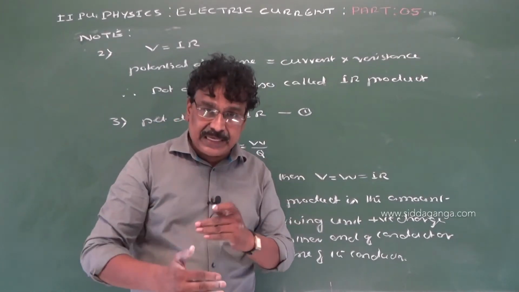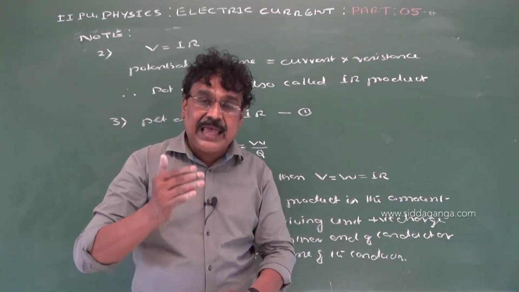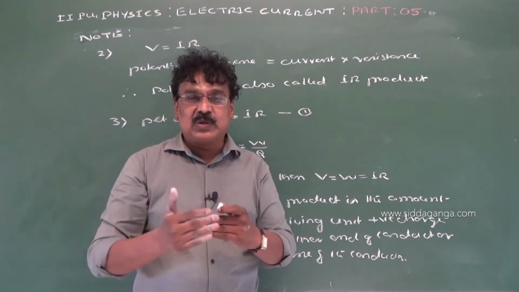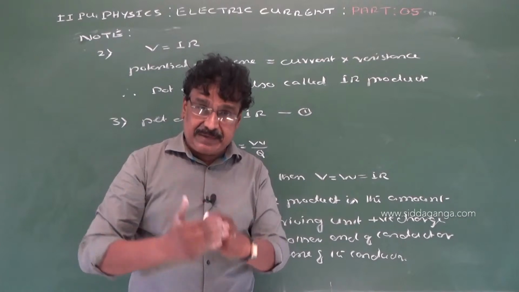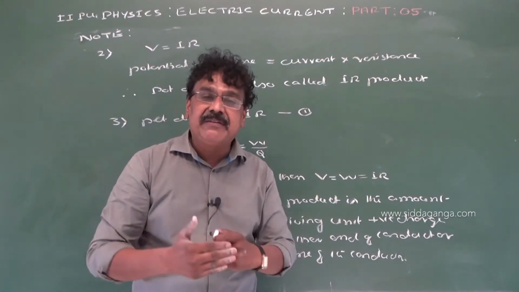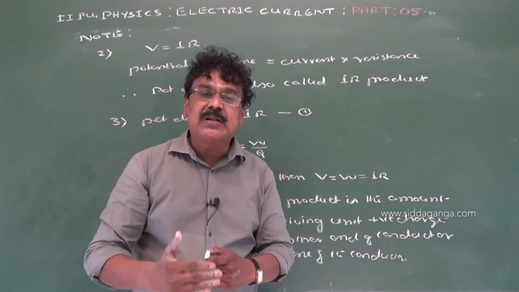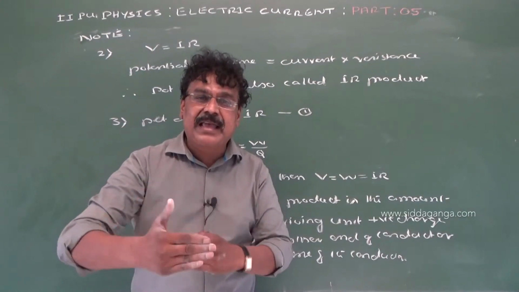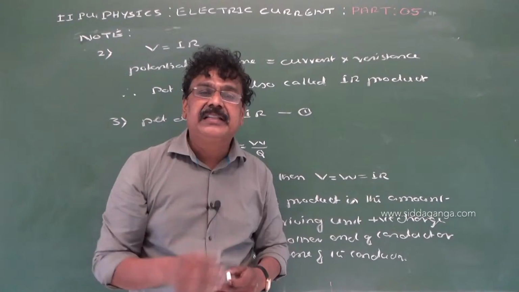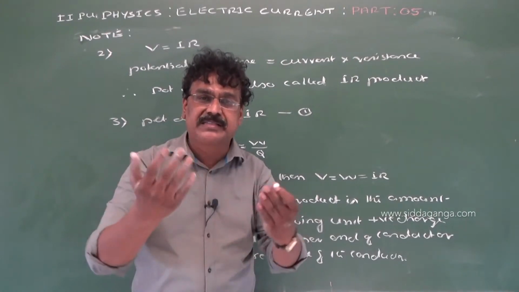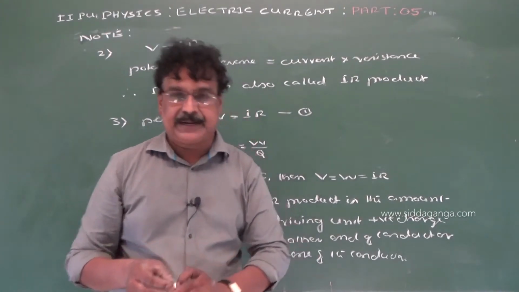So that the engine does work against friction so that it can maintain a constant speed. In a similar way, potential difference is the amount of work done to maintain a steady current in the conductor against the opposition or resistance offered by the conductor.